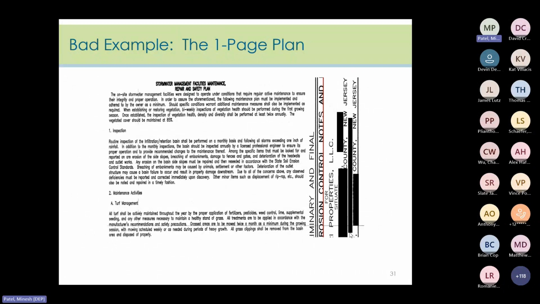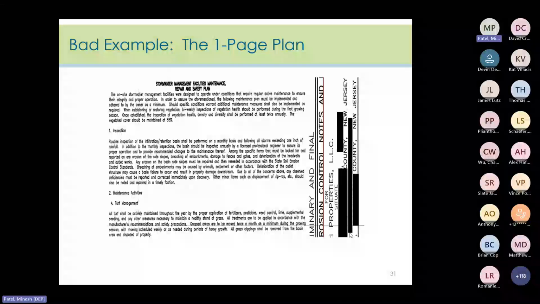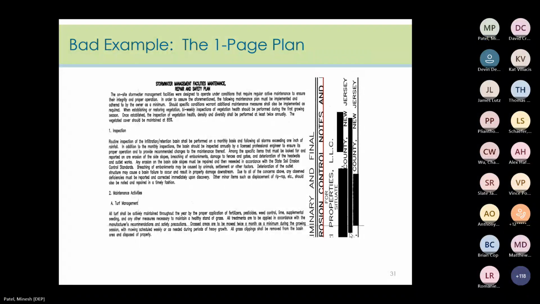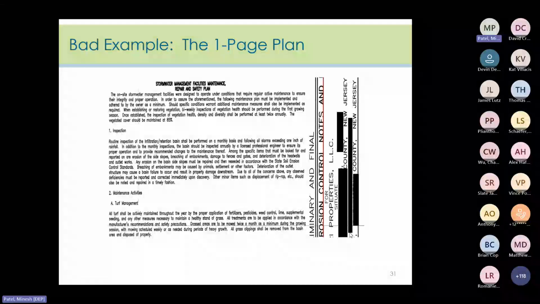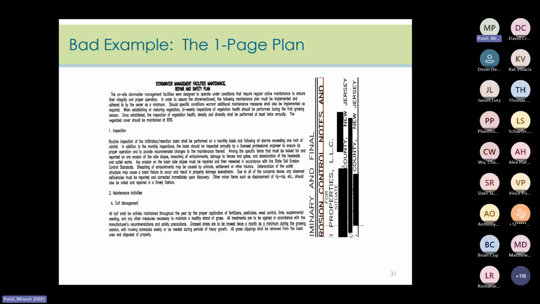Now let's look at some bad examples of maintenance plans. If the stormwater management plan consists of a single sheet or is part of a plan sheet, this is a red flag for the reviewer right away. Remember, the rules do require schedules of the various types of maintenance tasks, an equipment list, and cost information, along with a logbook to record the actions performed.